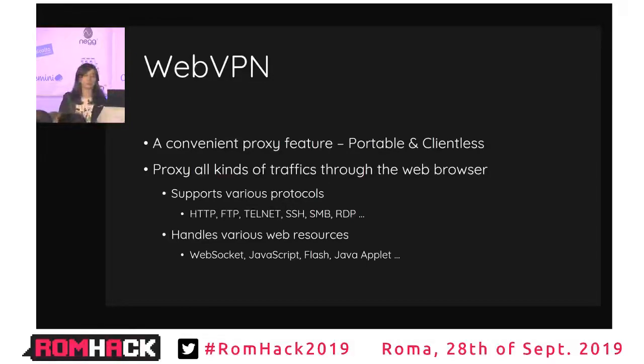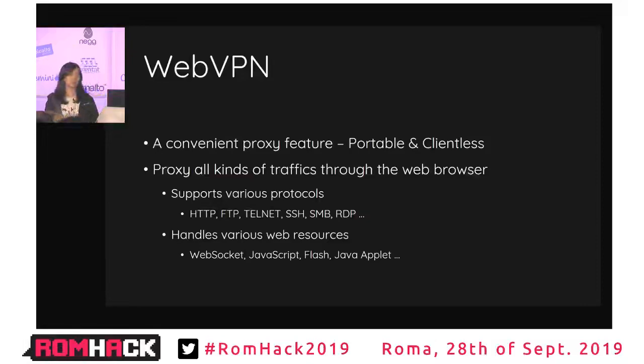It supports various protocols like HTTP, FTP, and RDP. And it also handles many web resources, such as WebSocket, JavaScript, and Flash. We don't need to install any software. Just click in the browser, and we can connect to other services.